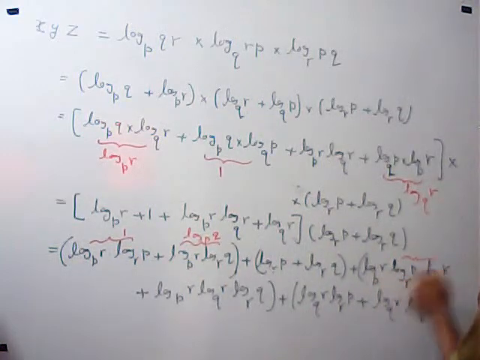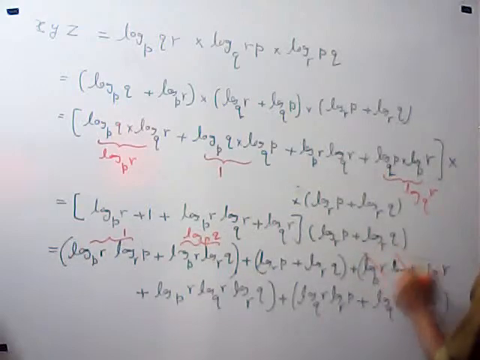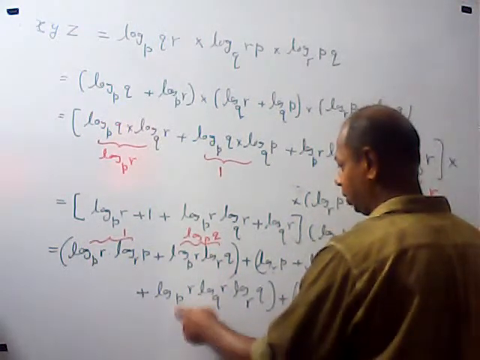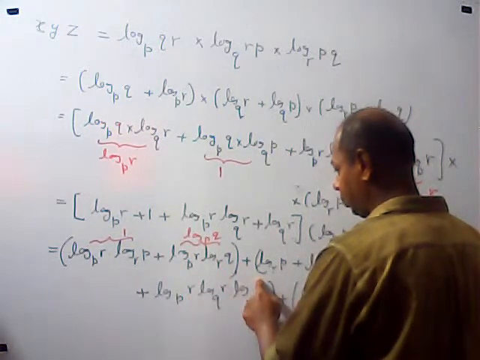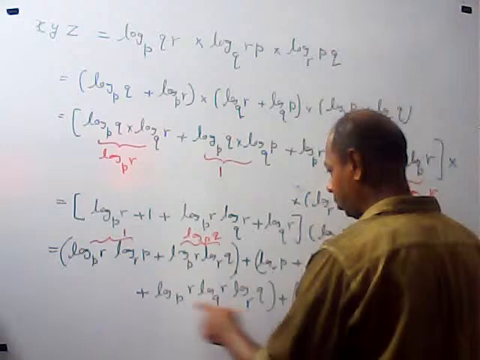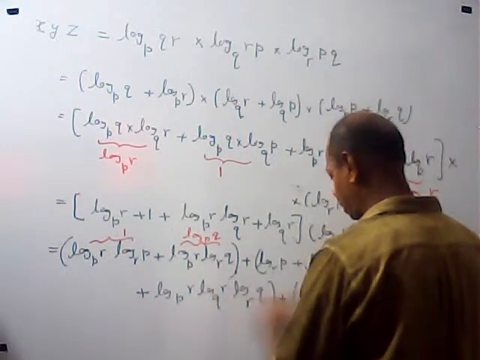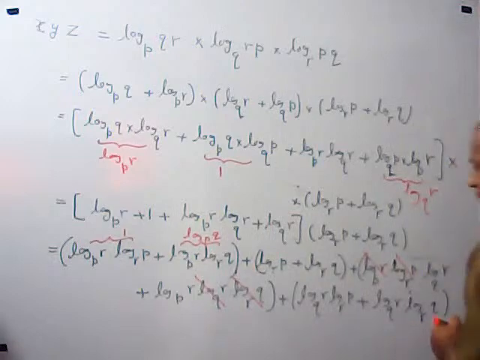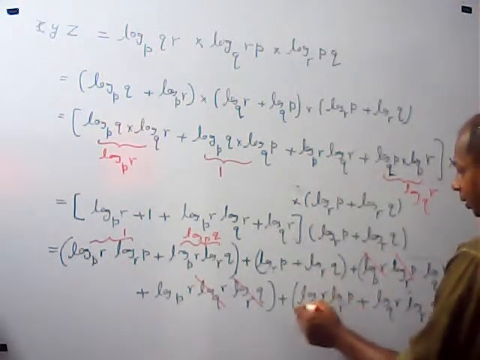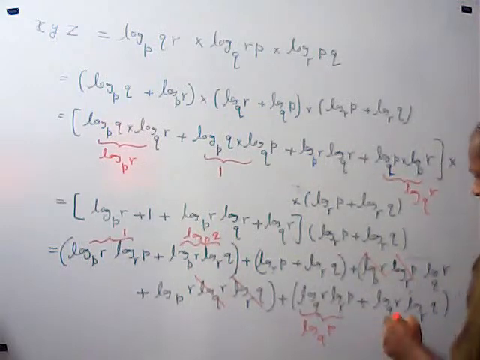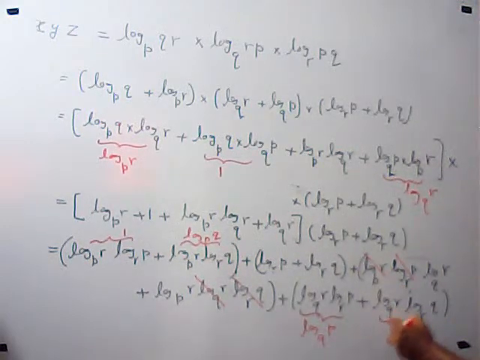So log PR log RP gets cancelled. So it's log QR. Log PR log RQ, log QR log RP, they get cancelled. Log QR log RP gives log QP. Log QR log RQ will be equal to 1.